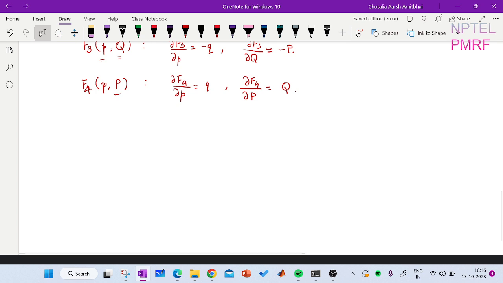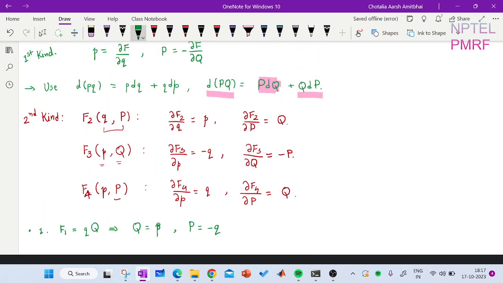So in class we saw the very trivial and easy examples, which is F1 just given by q times capital Q. In that case, capital P becomes minus small q, and small p becomes capital Q. Oh, and by the way, any F should have one old variable and one new one, right?